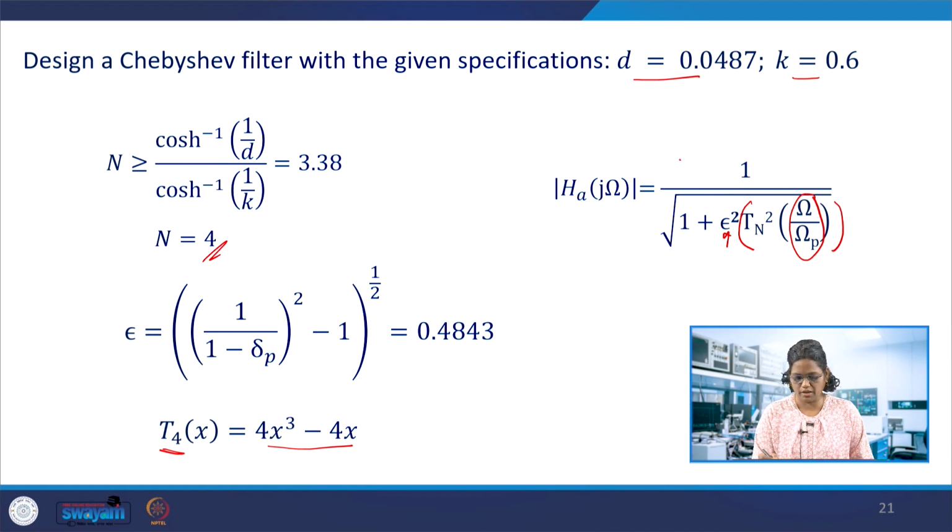So the magnitude square response is 1 plus epsilon square times Tn square. x can be obtained from omega, which is the variation, and omega p is known from the specification. So we can get this expression and get H(s) completely, and from that the pole locations also can be identified. You can see them forming an elliptical fashion of locations.